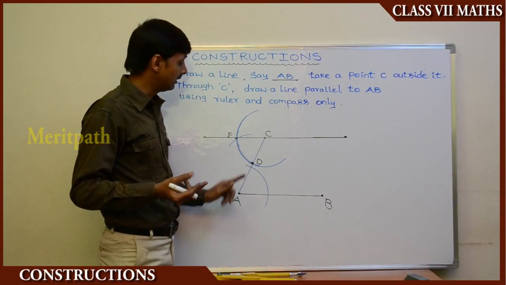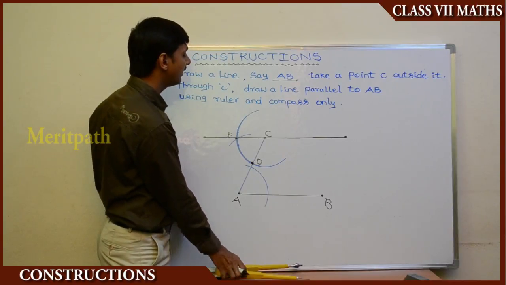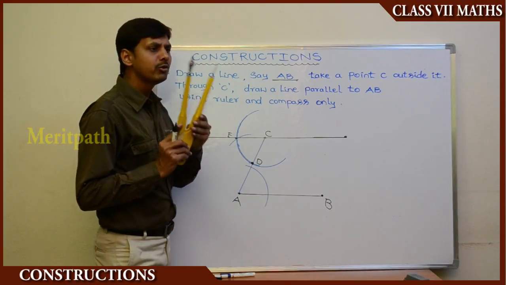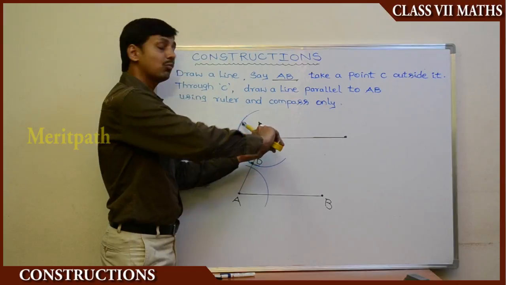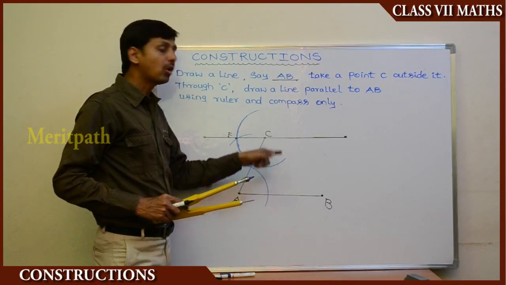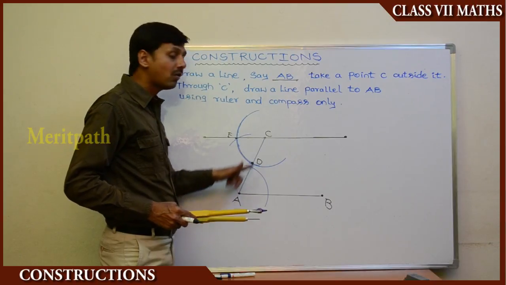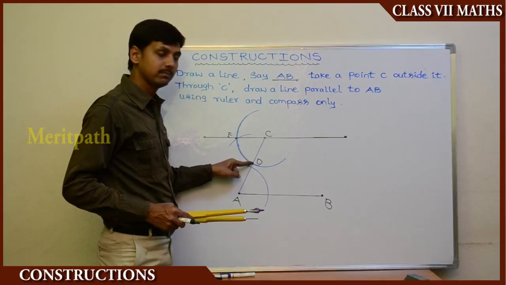Then let's take some radius on the compass, made an arc, and using the same radius at point C, we made an arc once again. The arc is intersecting the line AC at one point, which we have named D.